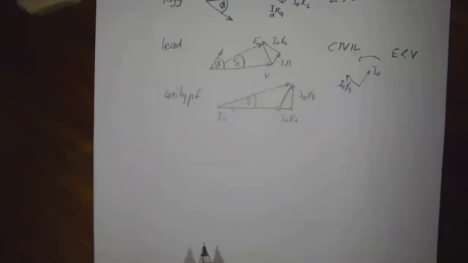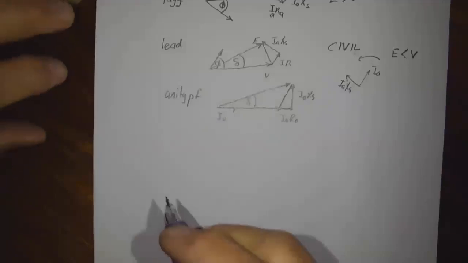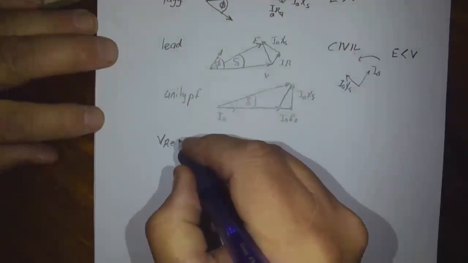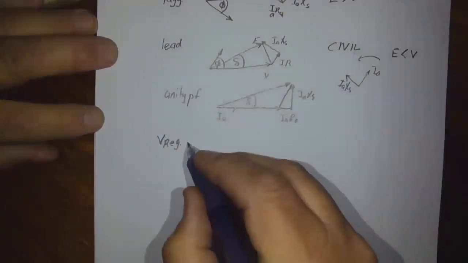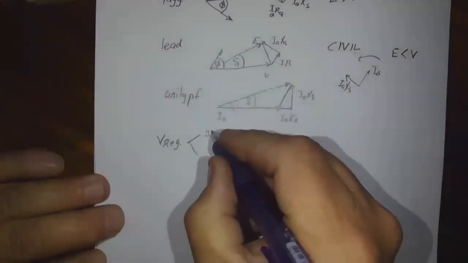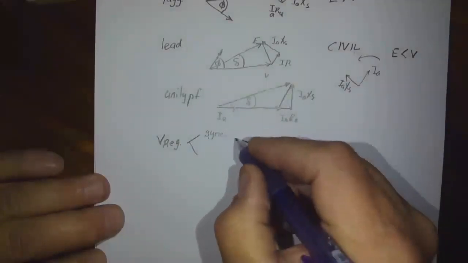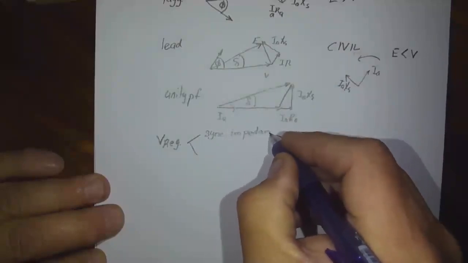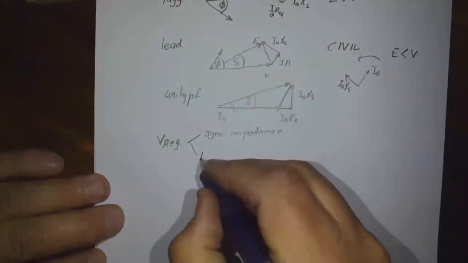Now, we can determine the voltage regulation. There are two methods that we are going to discuss, which are the synchronous impedance method and Rother's method.